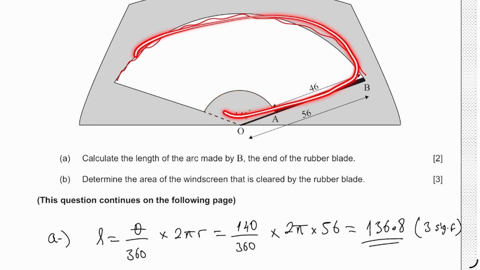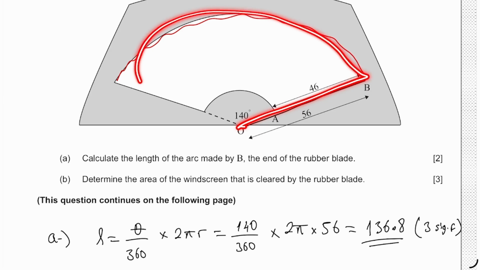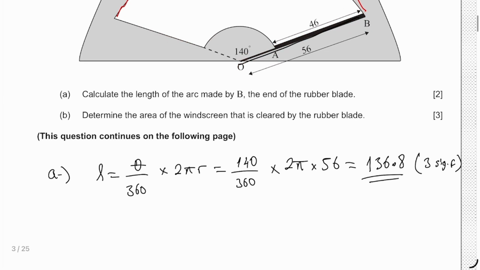Imagine, guys, if we subtract this one, we're going to find this white area. So let's find the big area minus the small area, sector I mean.